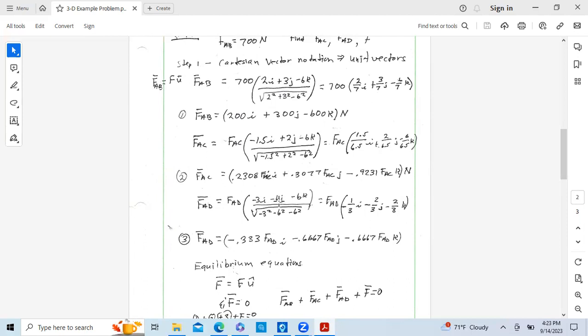The J direction is -6, and the K dimension ends up being -6 also. Okay, divide by square root of 3 squared plus 6 squared minus 6 squared. And that denominator here is 3. So writing this as UAD, this will be 1/3 I minus 2/3 J minus 2/3 K.